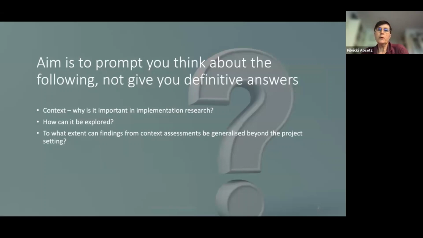And my aim is to prompt you to think about things and not to give you definitive answers. So why is context important in implementation research?